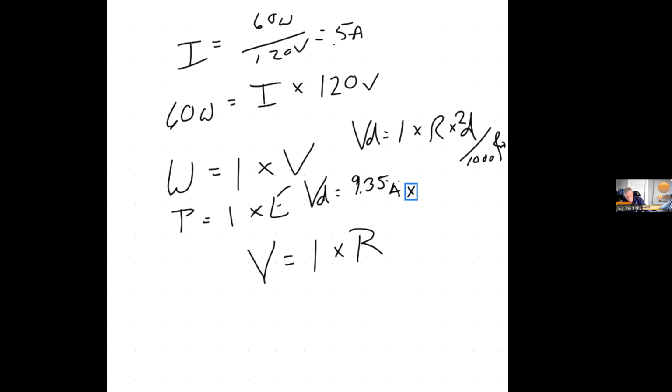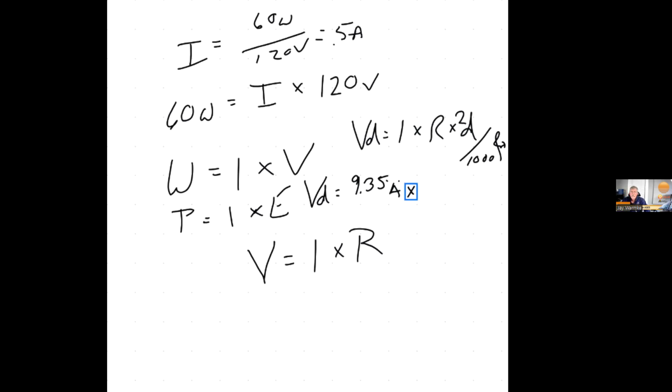Yep, page 92, AWG. So if you look there, and let's say we're using number 10 gauge wire, stranded copper, it's 1.24 ohms per 1,000 feet.